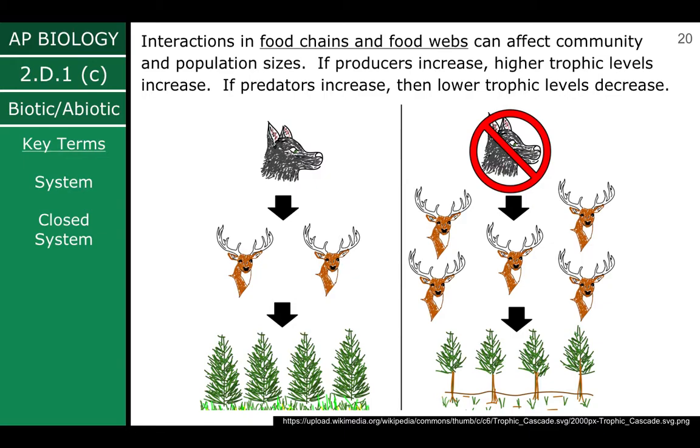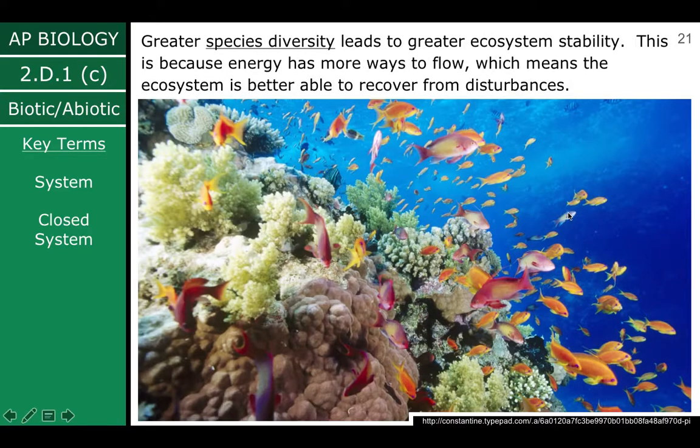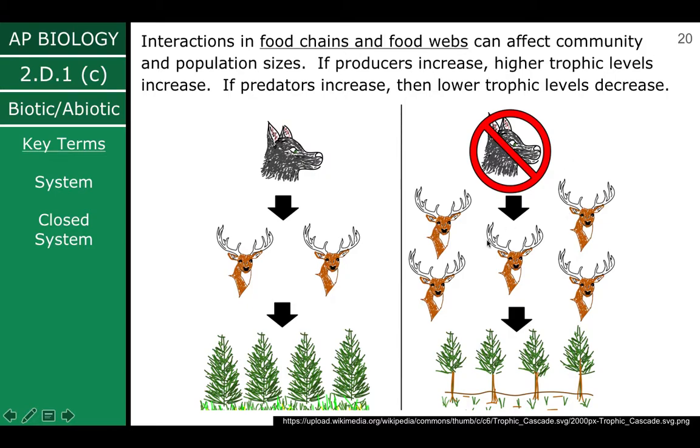So food chains and food webs can affect communities and population sizes. If producers increase, higher trophic levels increase as well. If predators increase, then lower trophic levels decrease. So let's look at this situation on the right. Our top predator has been eliminated, and so that increases this middle trophic level species because there's nothing there to consume it.